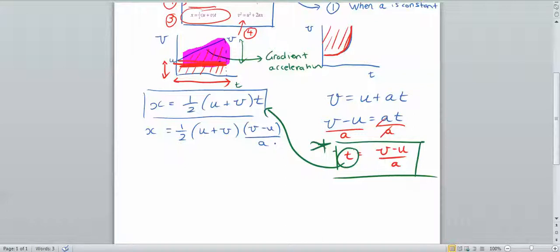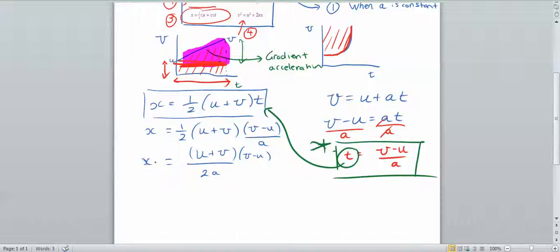Okay, so let's have a look what we've got. First of all, we've got u plus v over 2, over 2a, times v minus u is equal to x.